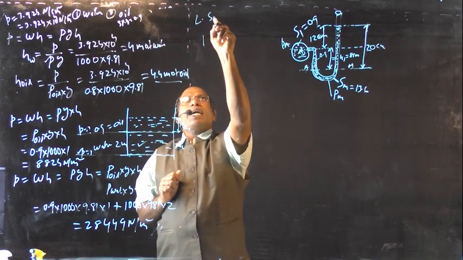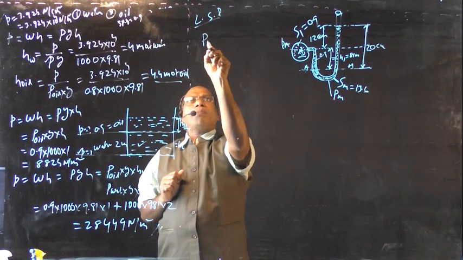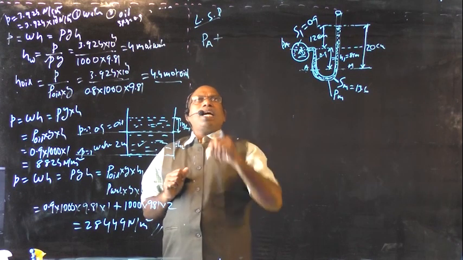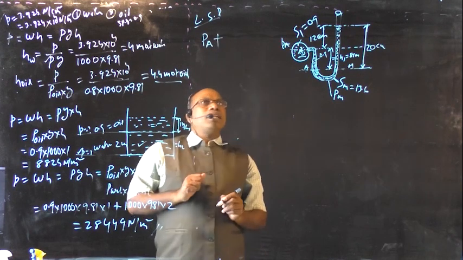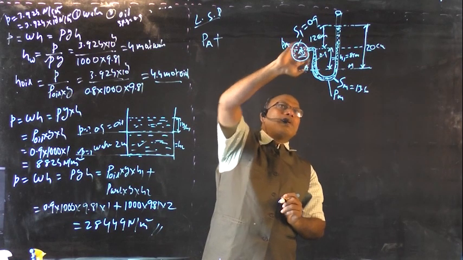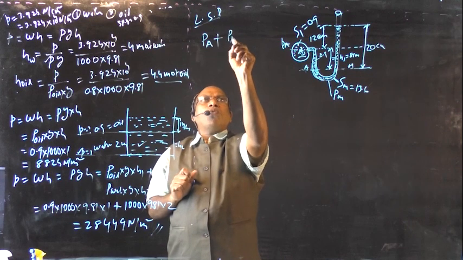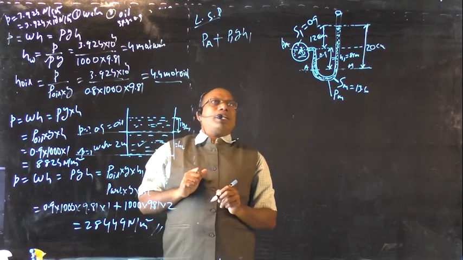Left side pressures: one is PA, the pressure intensity at point A, plus the pressure because of this water column. What is the formula? Rho 1 G H1.